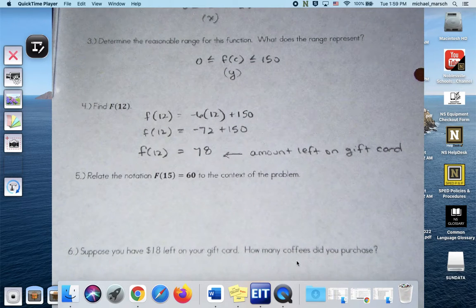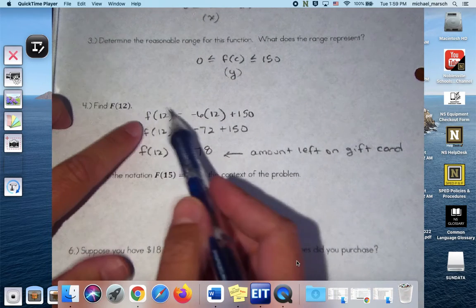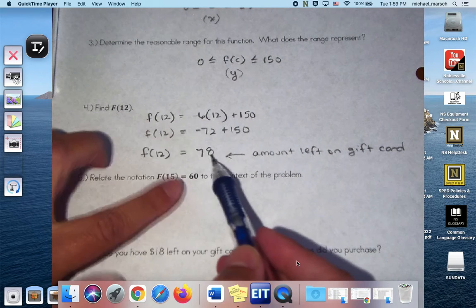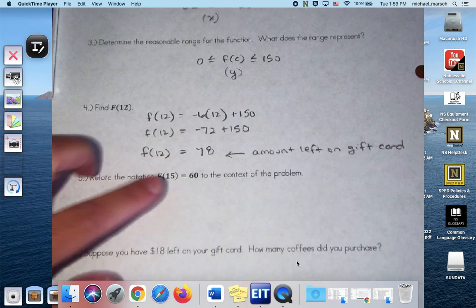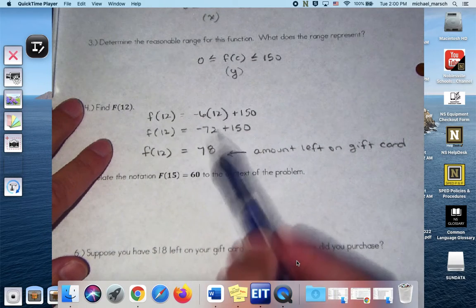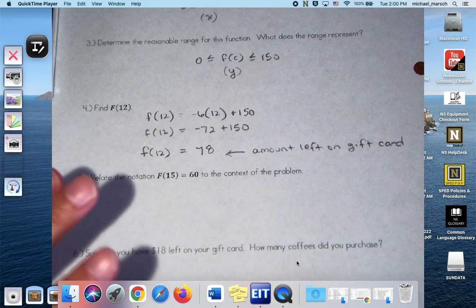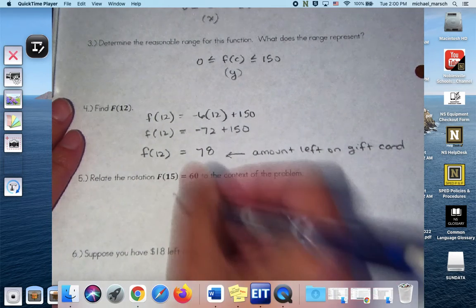Okay, relate the notation f of 15 equals 60 to the context of the problem. So what does that mean? If we had put 15 into here and got 60, what does that mean? If I put 15 instead of 12 and my answer was 60, what happened in that situation? Callie? Perfect.